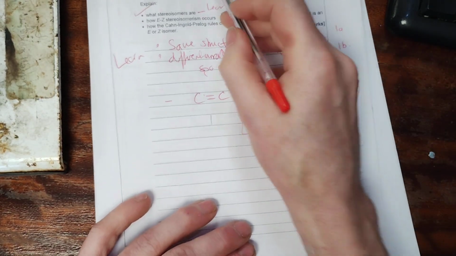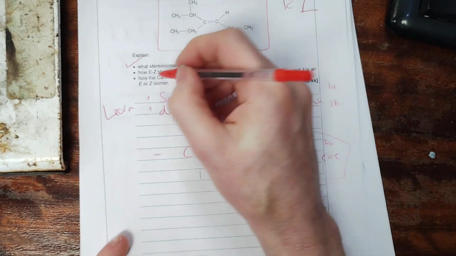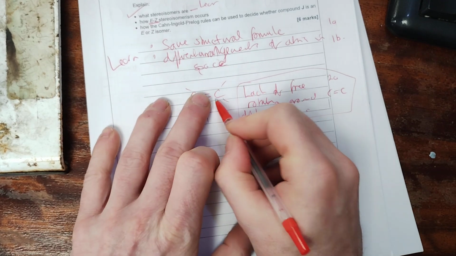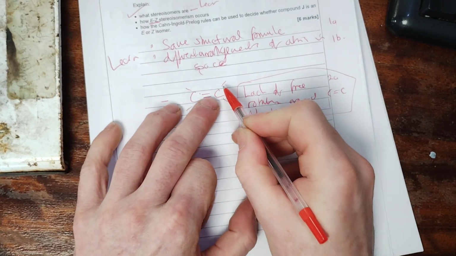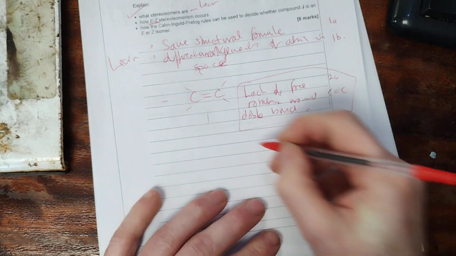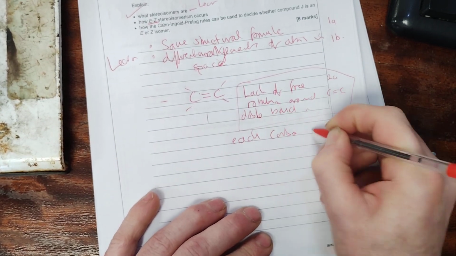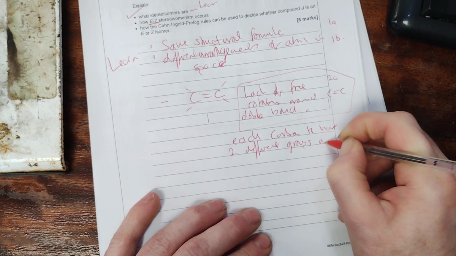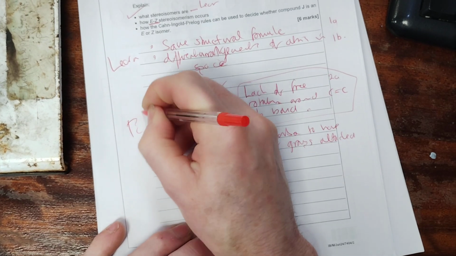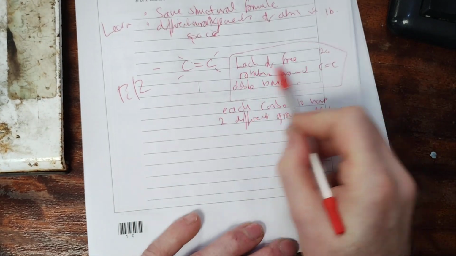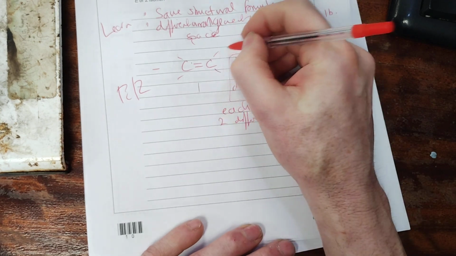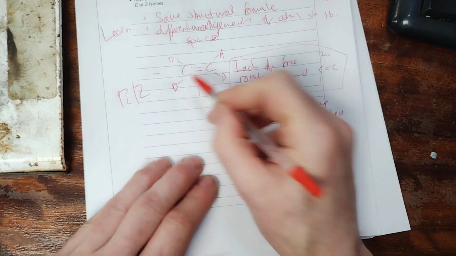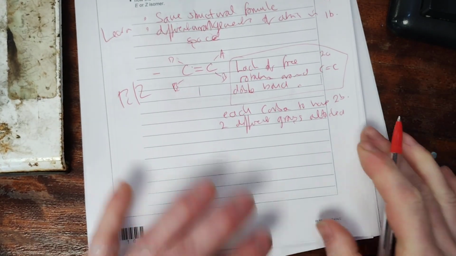And so if each carbon in the C=C double bond has 2 different groups attached, all right, so you need each carbon to have 2 different groups attached. So you can only get EZ isomerism if you've got a double bond with a lack of free rotation, and each carbon has 2 different groups attached. For example, A and B, C and D, or D and E. You get 2B for doing this.